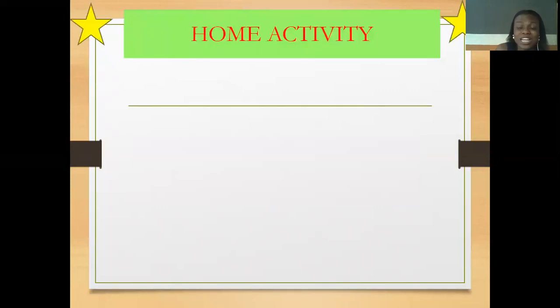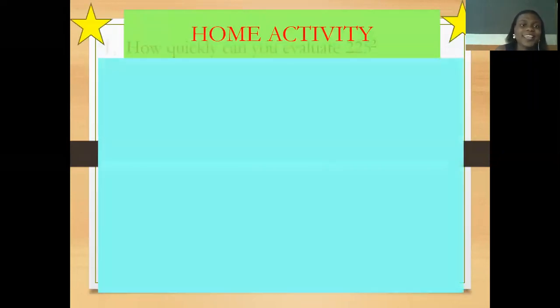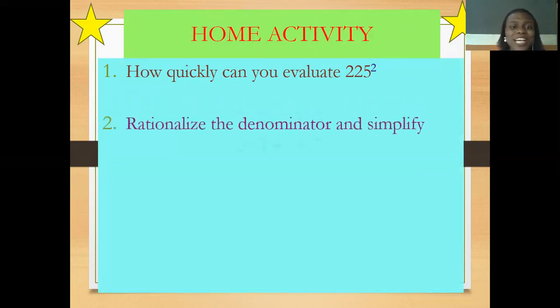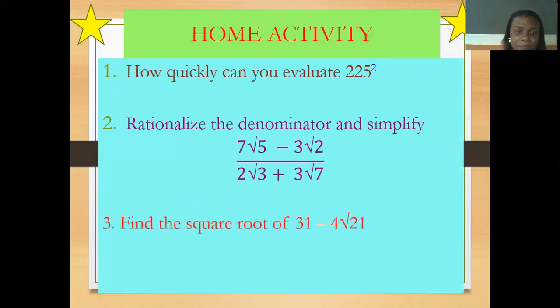Let's just look at something I want you to do. Number one, how quickly can you evaluate 225 squared? Remember our mental map trick? Number two, can you rationalize the denominator of this expression here and then simplify? Number three, can you find the square root of this number?